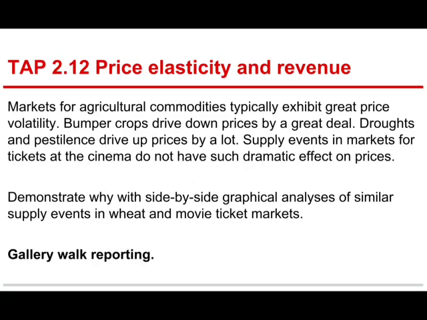So the way we do this is to think through two similar or hopefully identical supply events, and then look at one interacted with an inelastic demand, and one interacting with an elastic demand, and look at how the price changes differ in the two cases.